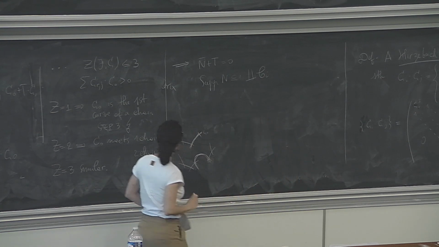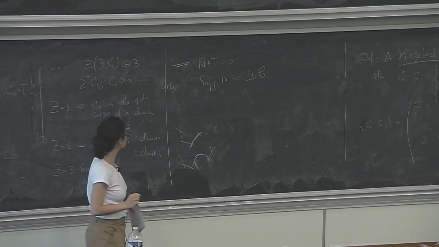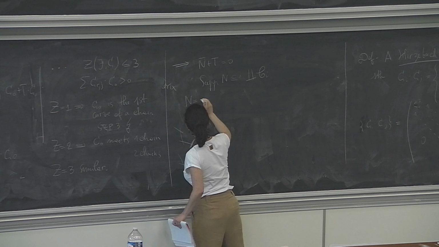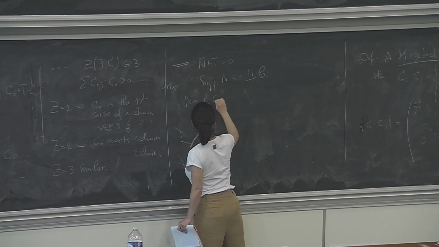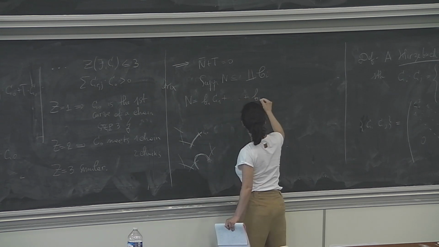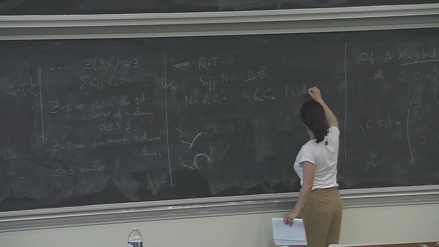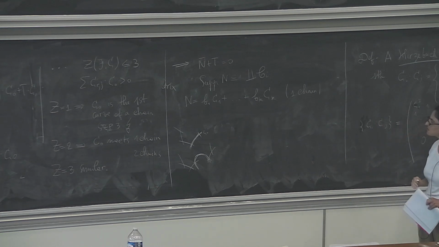And the statement on the coefficients being smaller than 1. So say that n is, let's assume that we have just one chain. But the general case is completely analogous.